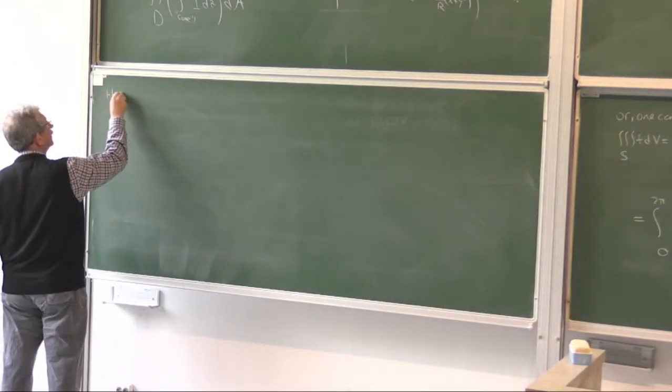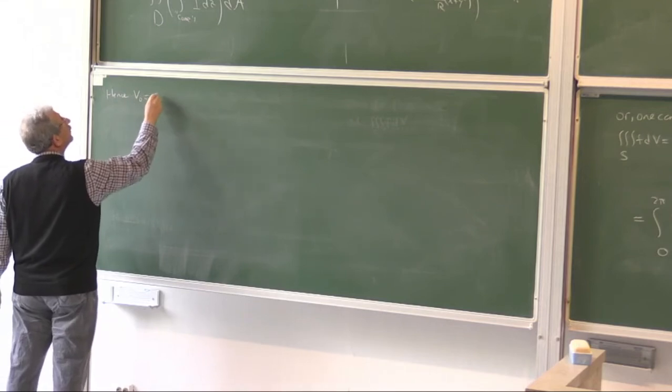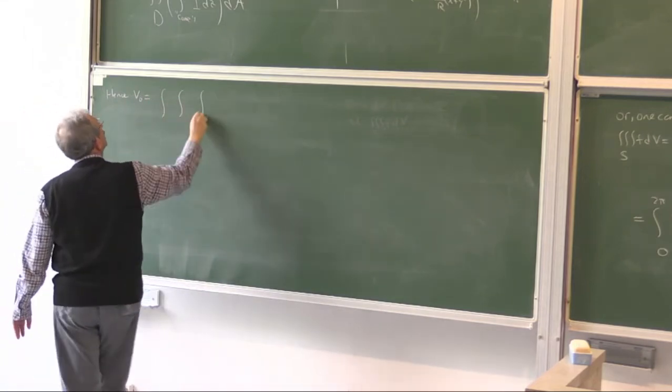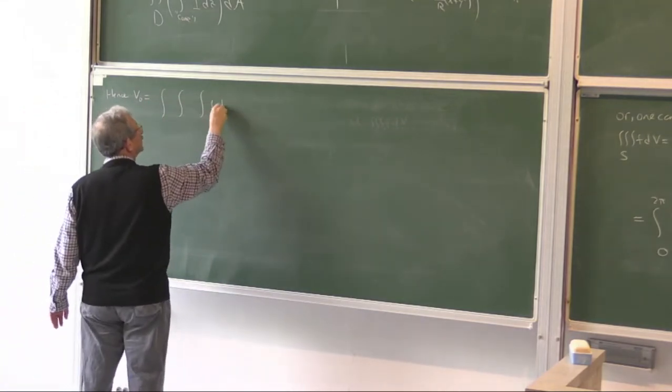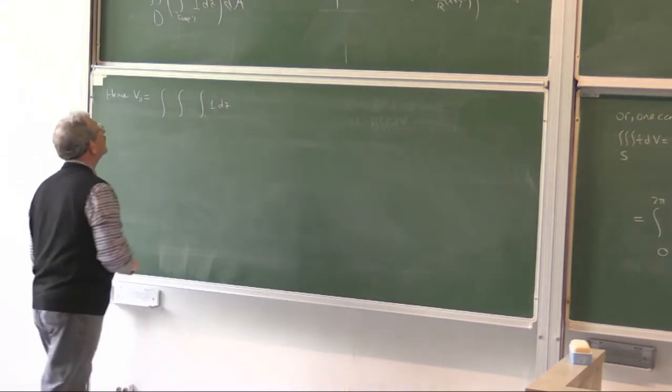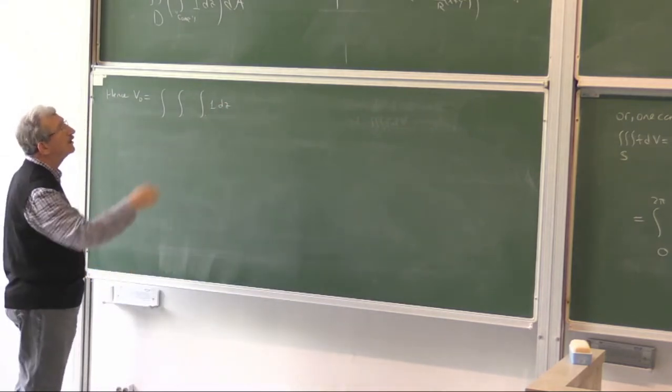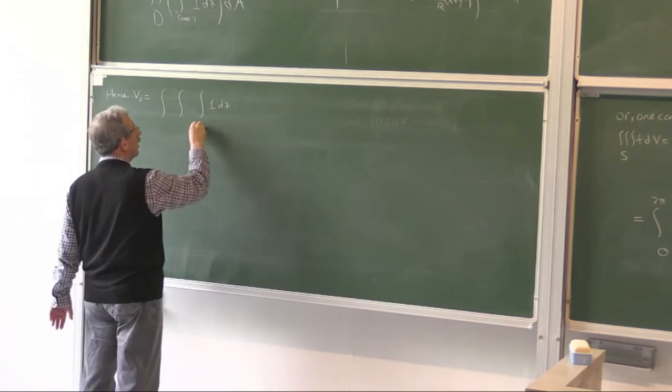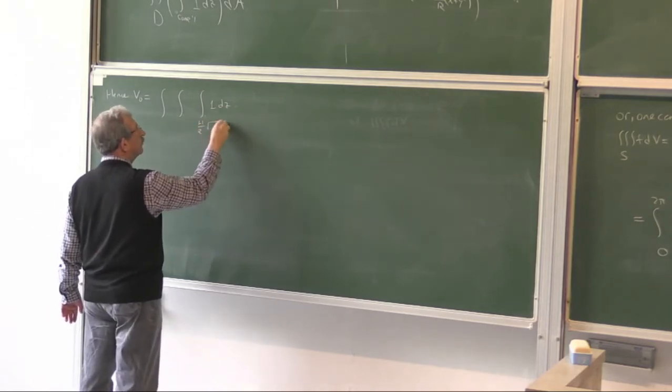Hence, V0 will be the integral of 1 dz. Now from the cone to h, well, the cone is h over r, square root of x squared plus y squared.